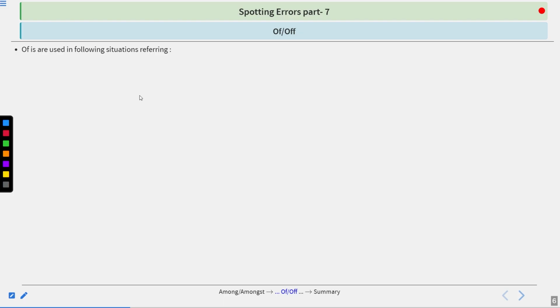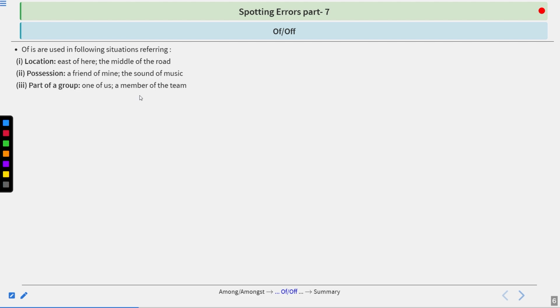Of is used in the following situations. Referring to location: east of here, the middle of the road. Possession: a friend of mine, the sound of music. Part of a group: one of us, a member of the team. Measurement: a cup of milk, 2 meters of snow. So of here refers to location.